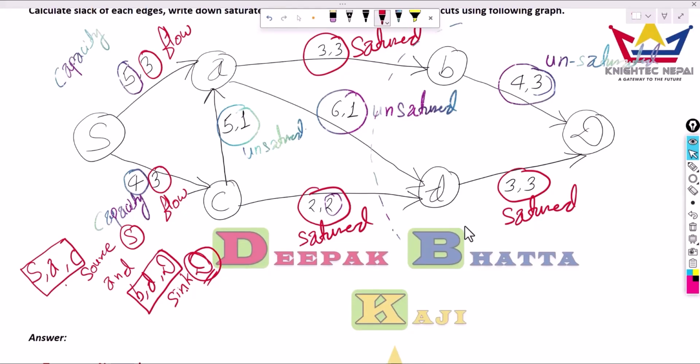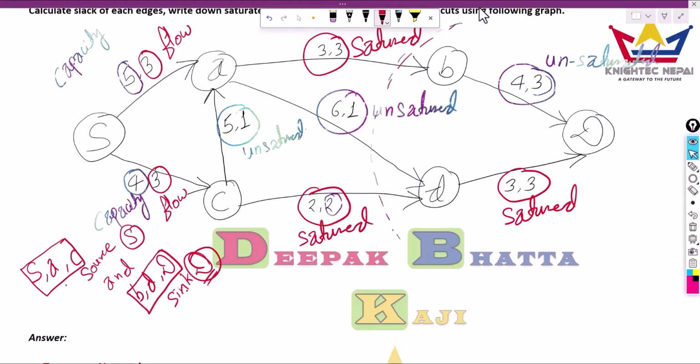So if I cut this way, this is the S to D cut, and the source side has this part and this.